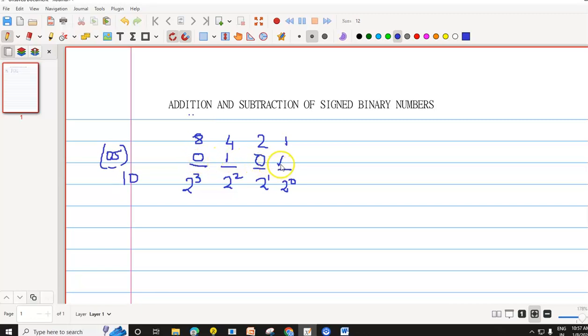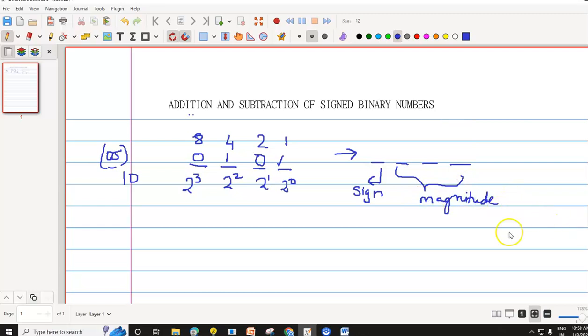If it is a signed number, the last bit, the most significant bit, represents the sign, whereas the remaining bits represent the magnitude.